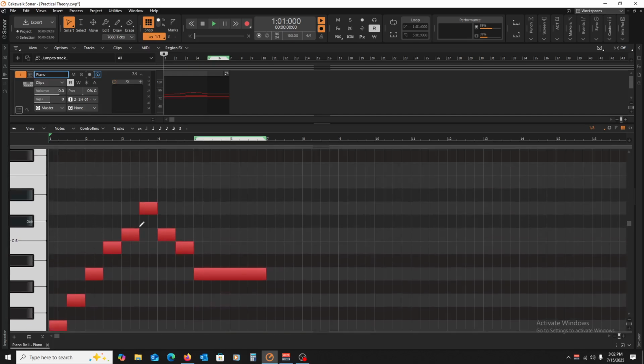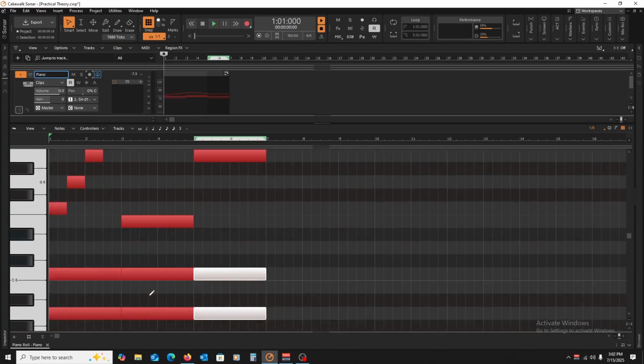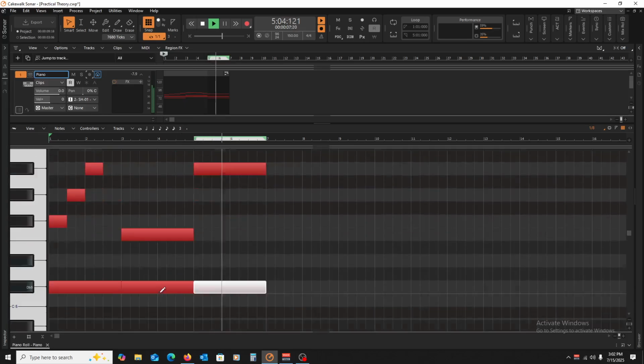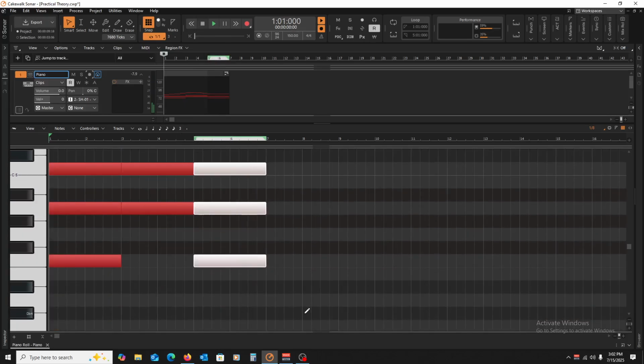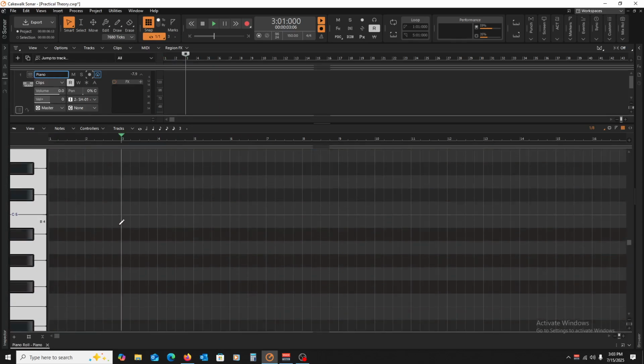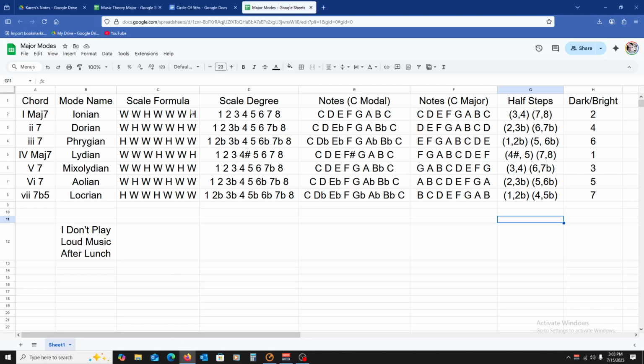This is giving both a Lydian feel, but it's making it kind of sadder, right? And so, like I said, understanding the modes is not going to be 100% necessary, but hopefully this is giving you a little bit more insight.